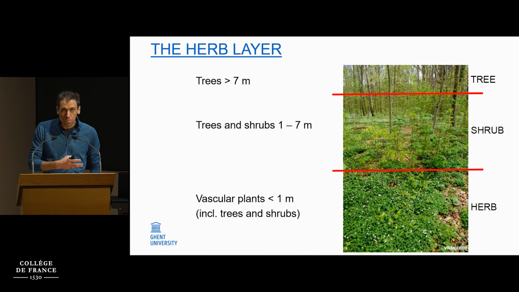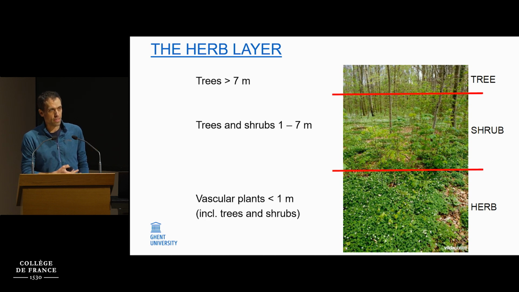The forestREplot database is focused on the herb layer, but also includes data on the tree and the shrub layer. The definitions that many forest ecologists use to distinguish these layers and to do a vegetation survey are a bit different than in grasslands, for instance, or in heathlands, where this vertical complexity is a bit different.